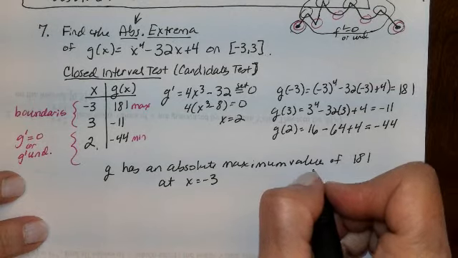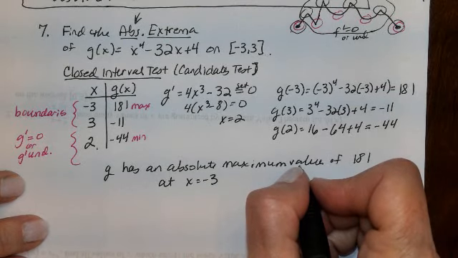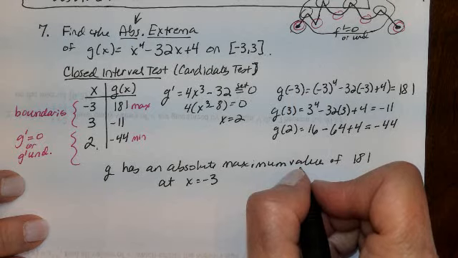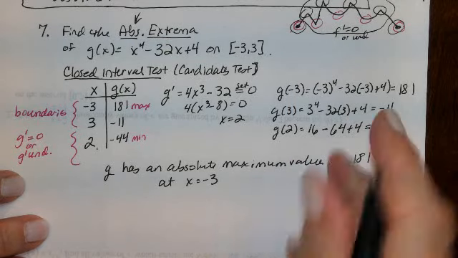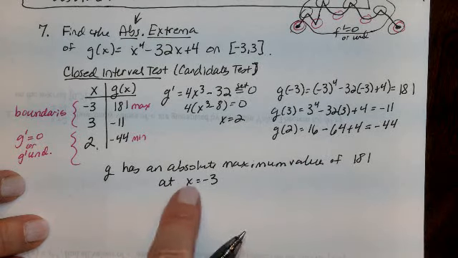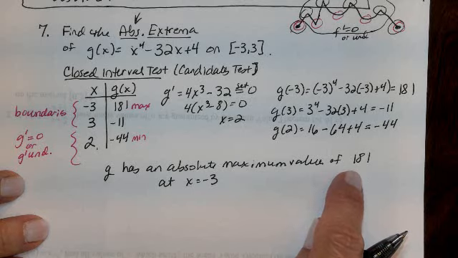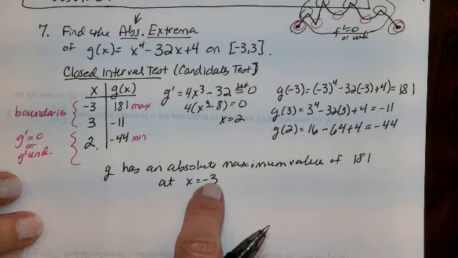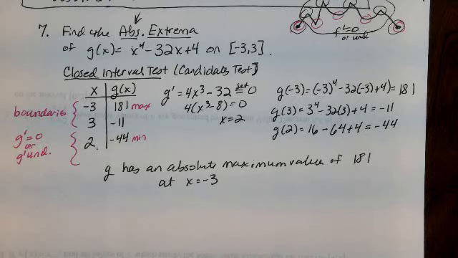Okay? It depends on how they pose the question. If they say find the absolute maximum value, then you don't have to say where it is at. You just say the value. Now, it doesn't hurt to say where it's at. It just depends on how they pose the question.